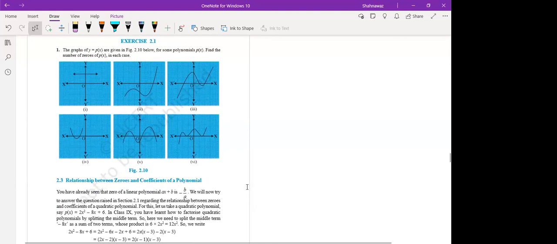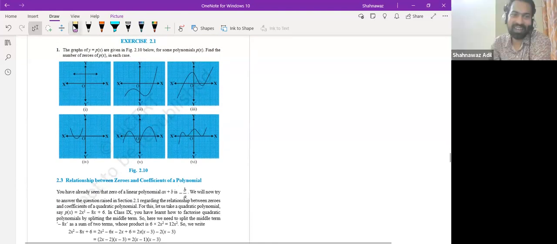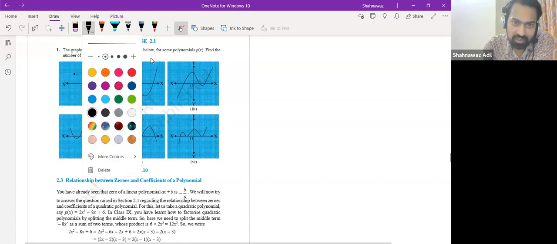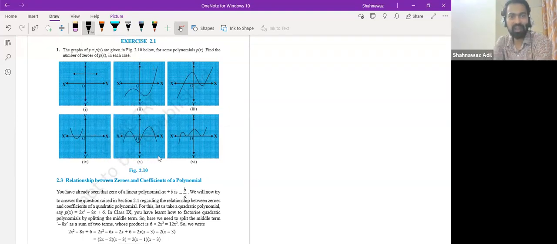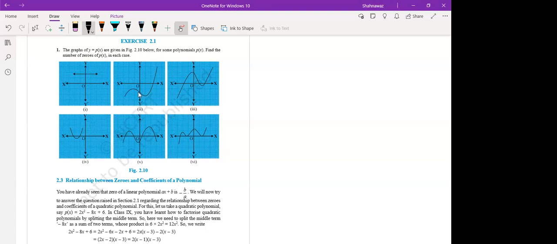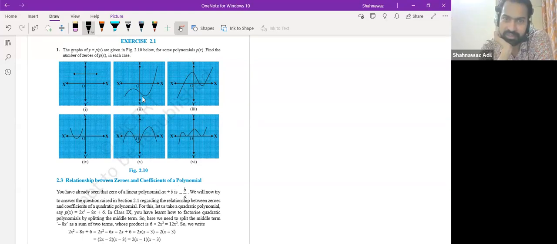So you see how many zeros there are. I don't know what the purpose of this exercise is. We have only one question. This could have been added in the second exercise.